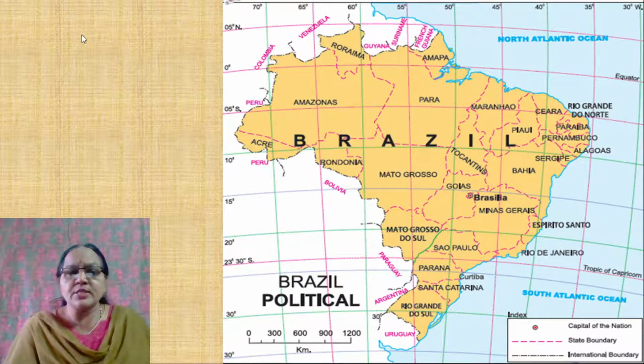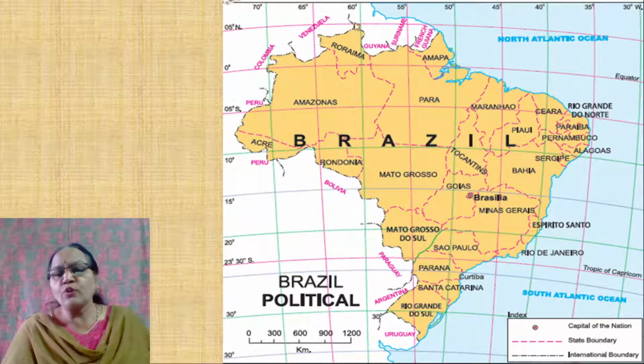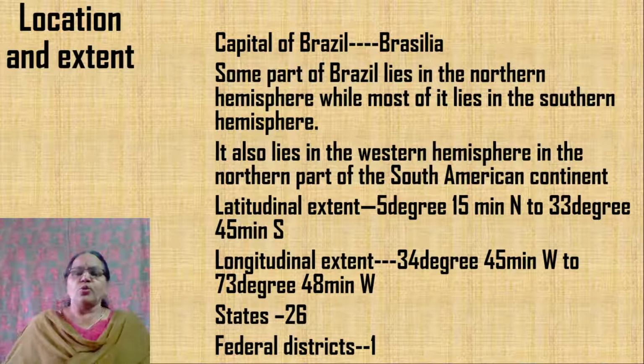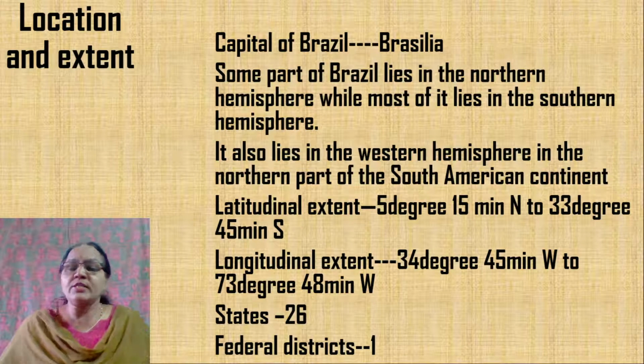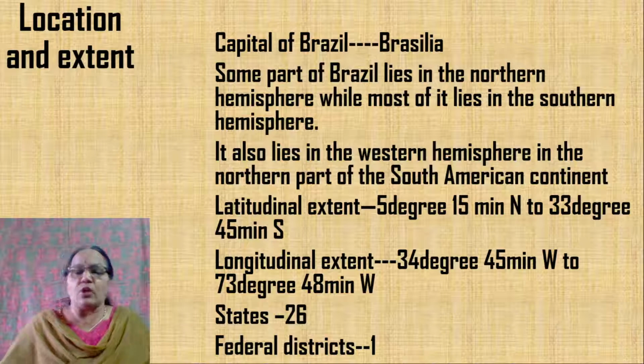Look at this, we have the equator, the 0 degree latitude. You'll find only a small part of Brazil is in the northern hemisphere and a major part is in the southern hemisphere. It is also located in the western hemisphere, in the northern part of the South American continent.